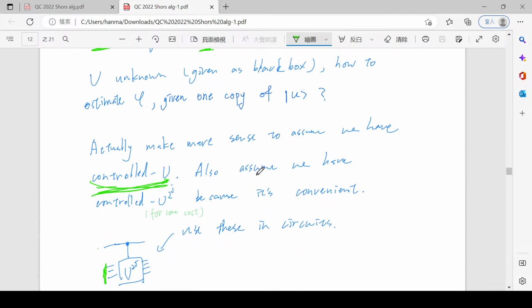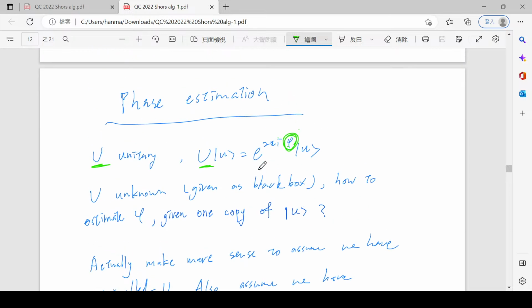And the first useful application of this quantum Fourier transform is doing quantum phase estimation.